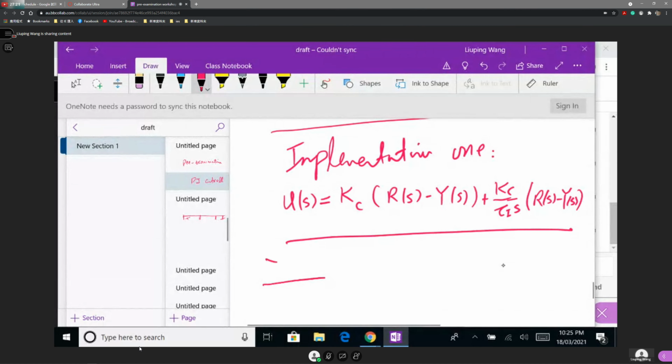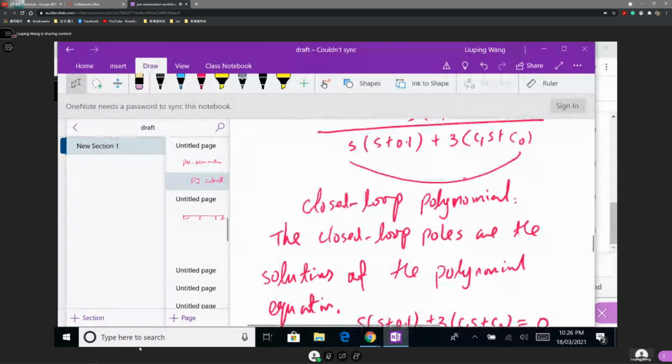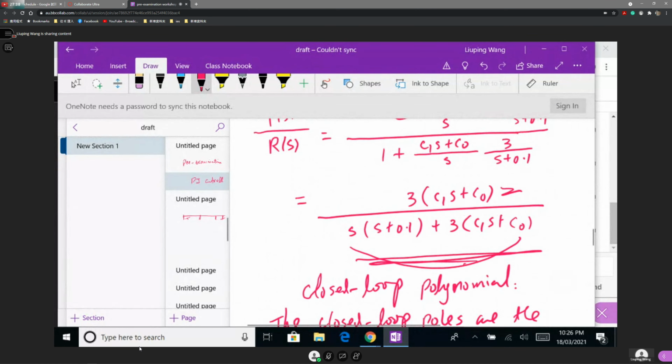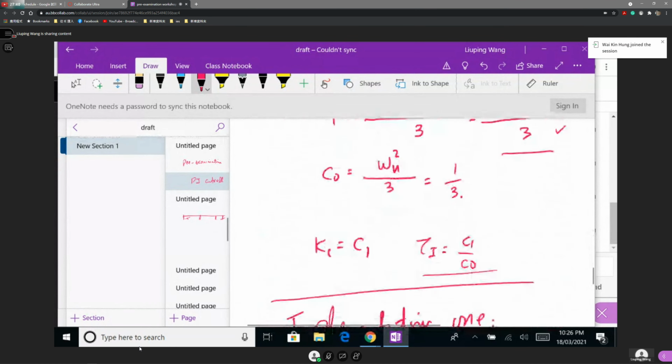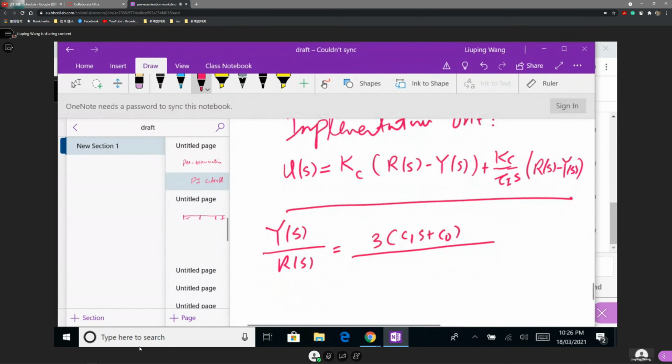The transfer function Y of s is equal to this bit, and then this bit, right? So it's equal to this. All right.